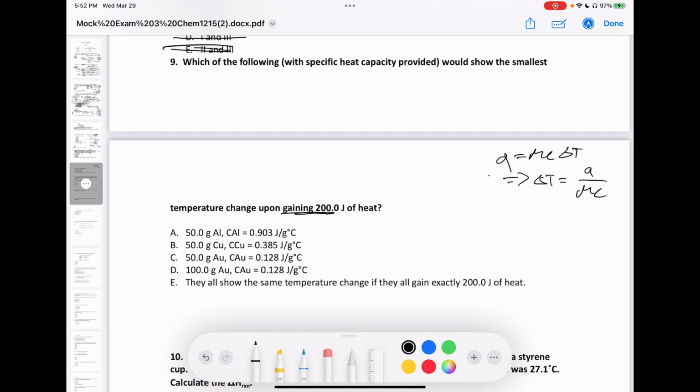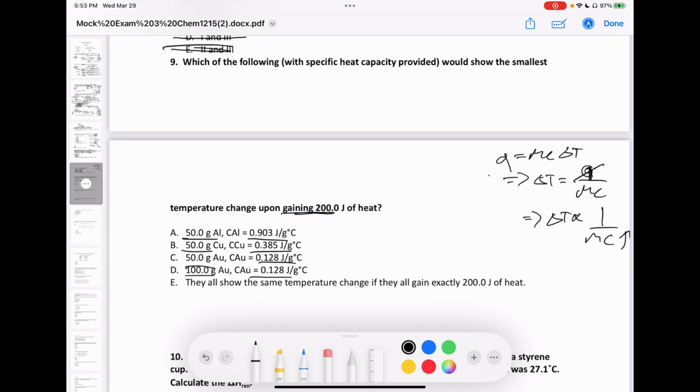If Q is constant, we can think of crossing it out, and we can say delta T is proportional, not equal, to 1 over mass times 1 over the specific heat. At that point, we're just looking at which product of mass and specific heat will give you the largest number, because if these are inversely proportional, if one of them is large, the other is going to be smaller.